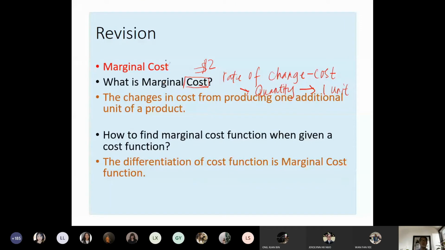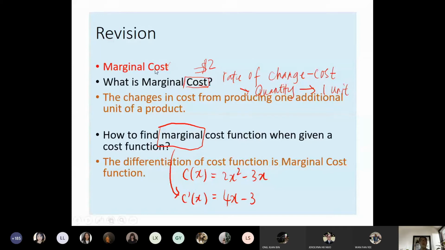If you are given a cost function like 2x squared minus 3x, to find the marginal cost function, we just differentiate. This is the keyword: when you see the word marginal, it will lead you to derivation, differentiation. So the keyword is marginal.